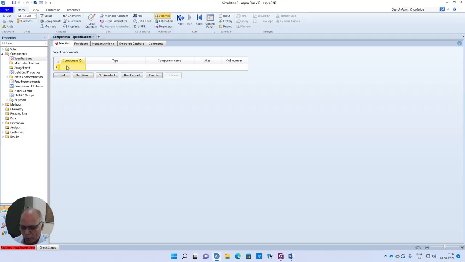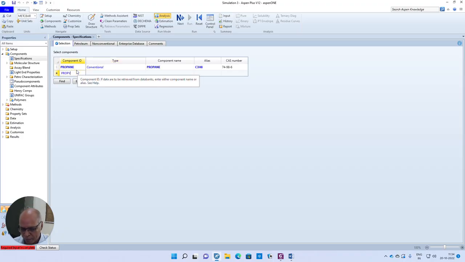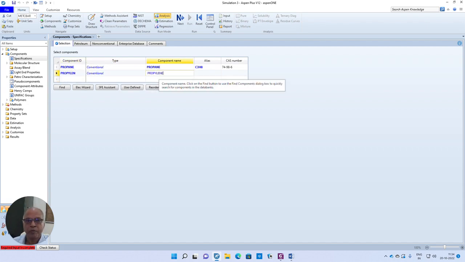So we have propane, which is an inert material, propylene, then we have the product 1-hexene.